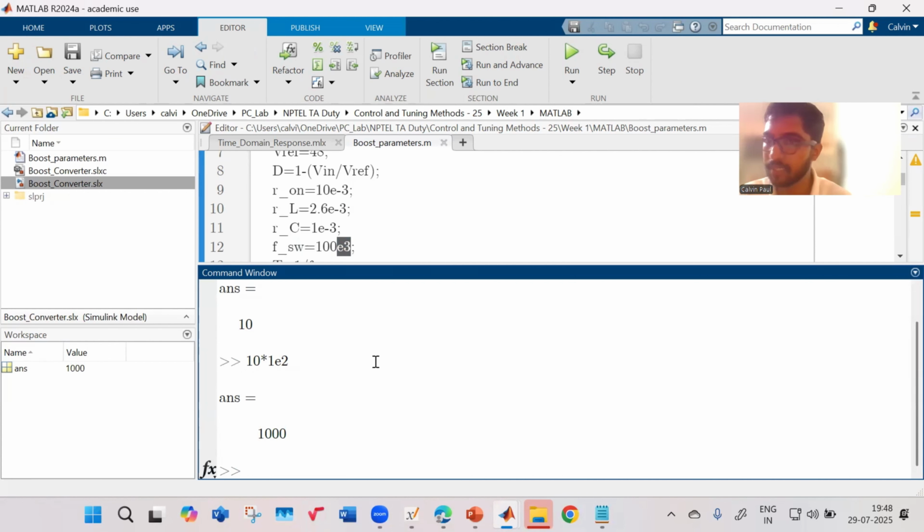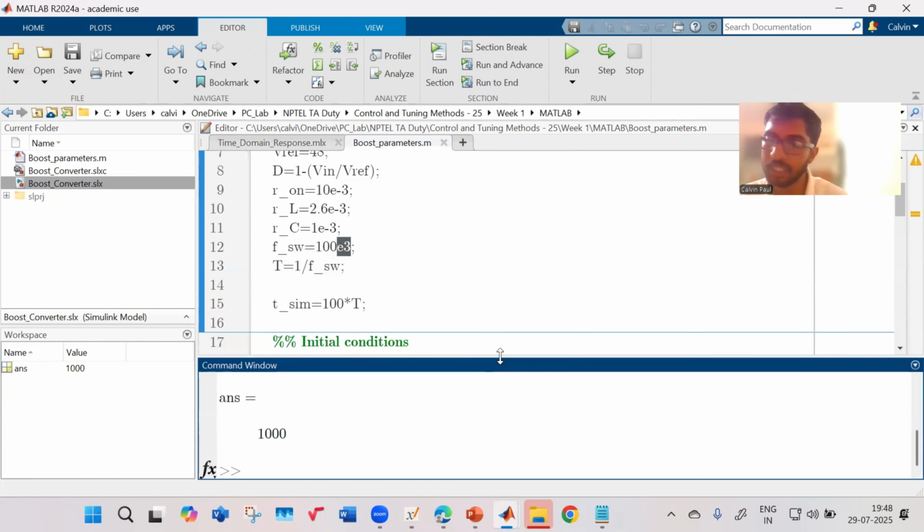That is how it is in MATLAB. To clear any confusion, it is not the E of 2.718; for that you have to use EXP(1). Similarly, the time period is 1 upon the switching frequency, 1 upon FSW.